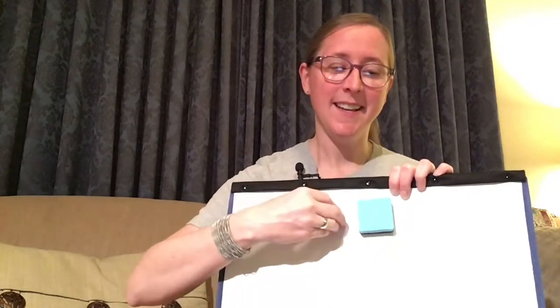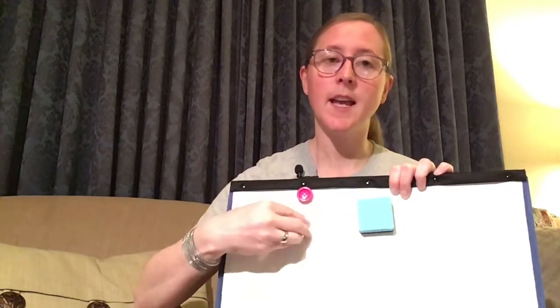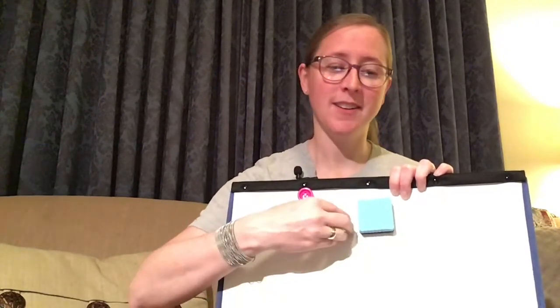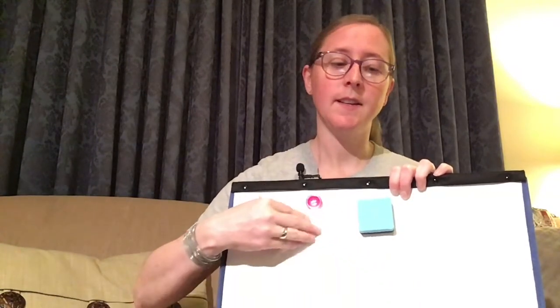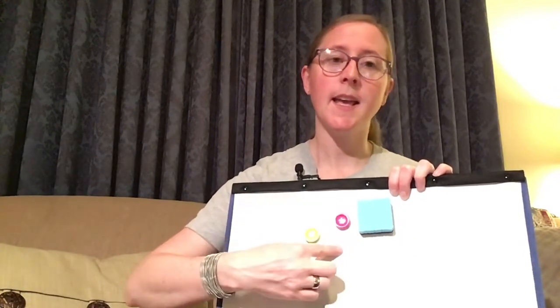Good. Say wedge. Say wedge, but instead of w, say h. Hedge. Say soup. Say soup, but instead of s, say h. Hoop. Good. Say bell.